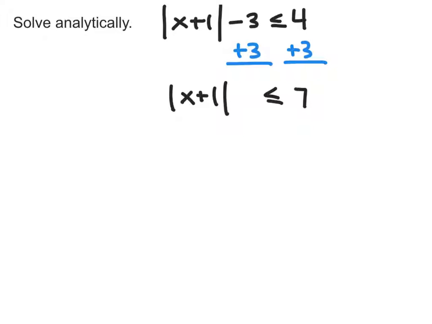Now this is the part where we're going to split up the absolute value inequality into 2 compound inequalities. In order to understand the connector word in between the compound inequalities, we pay attention to the direction the inequality symbol is facing with regards to the absolute value, and the fact that we have a positive number on the right side of the inequality symbol.